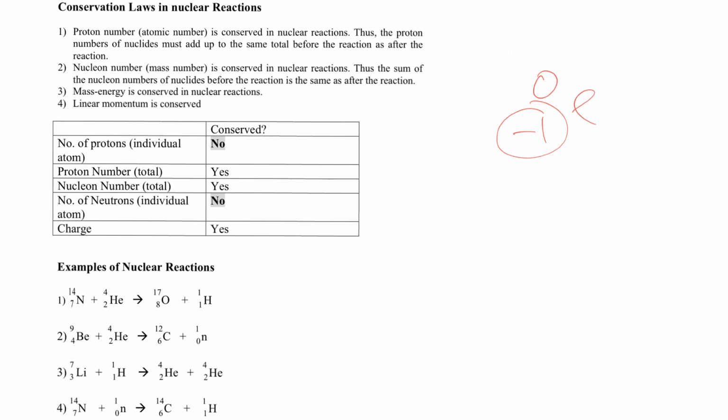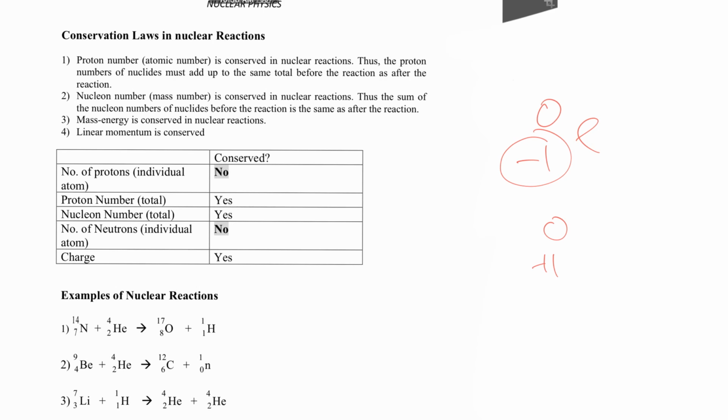So if you were to include beta, which is beta minus, and beta plus is a positron, which is 0, positive 1. So what will happen is your number of protons won't be conserved. You know why?